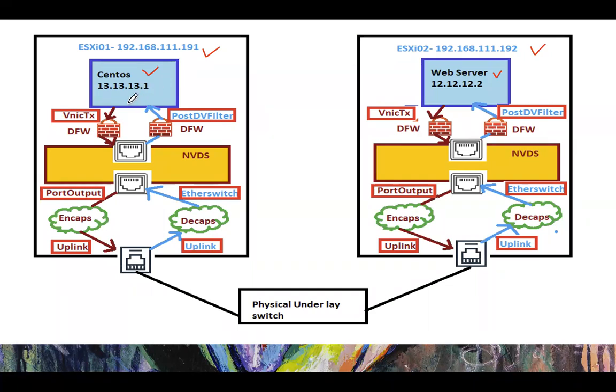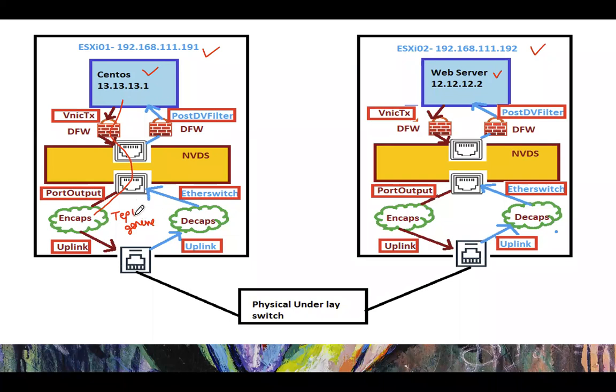When the traffic is sent from CentOS, it hits the NSX distributed firewall. Then it goes through the NSX virtual distributed switch and through the encapsulation engine, which encapsulates the traffic using the TEP IP, using Geneve.